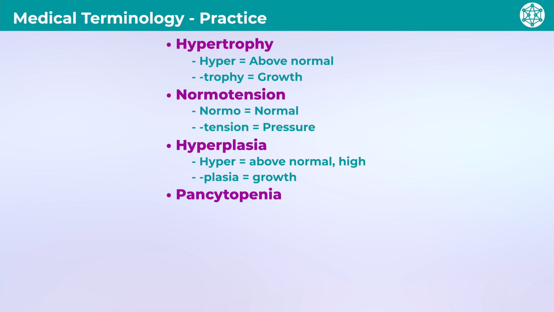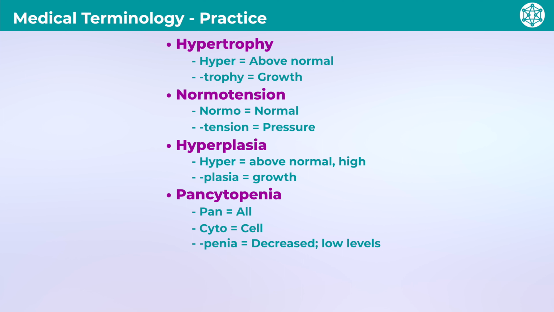Pancytopenia might be a bit more challenging to break down, but let's do it step by step. Pan means all, cyto refers to cells, and penia denotes a decreased or low level. Therefore, pancytopenia means that all types of blood cells, such as erythrocytes and leukocytes, are decreased.